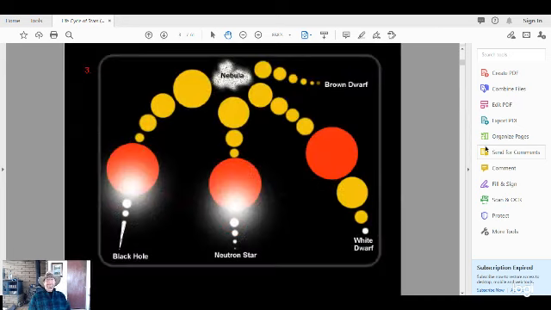Now back to this. Notice here in this third slide, we introduce what's called the brown dwarf. That's a protostar or a nebula that condenses but doesn't have enough gravity, mass, heat, or particle motion to actually begin fusion. That's actually like Jupiter.